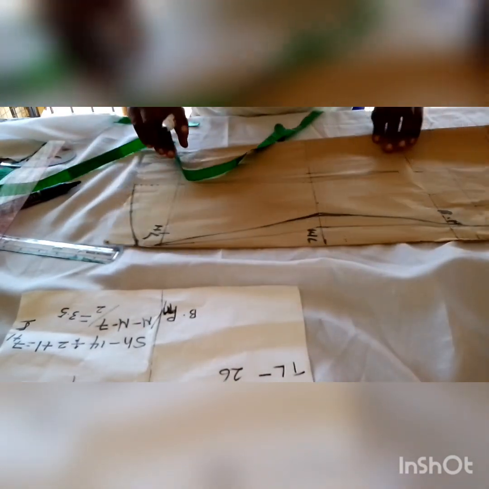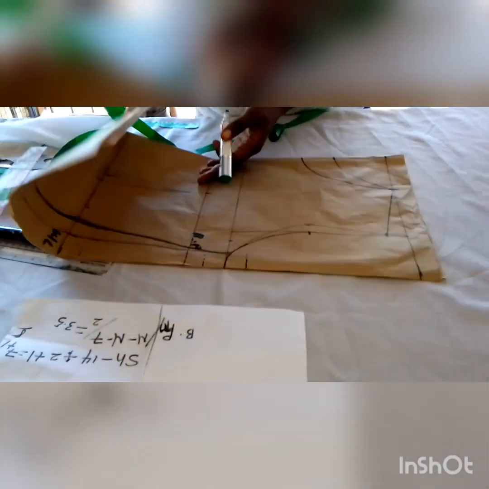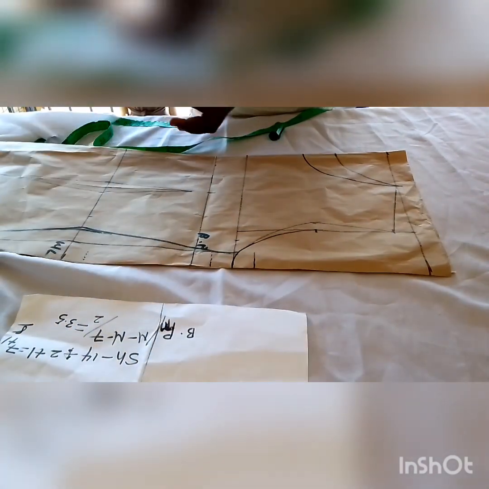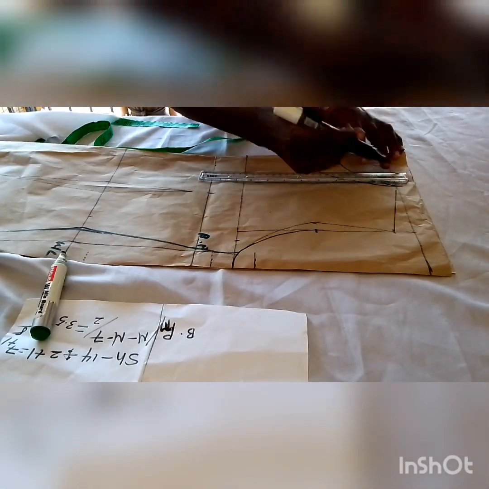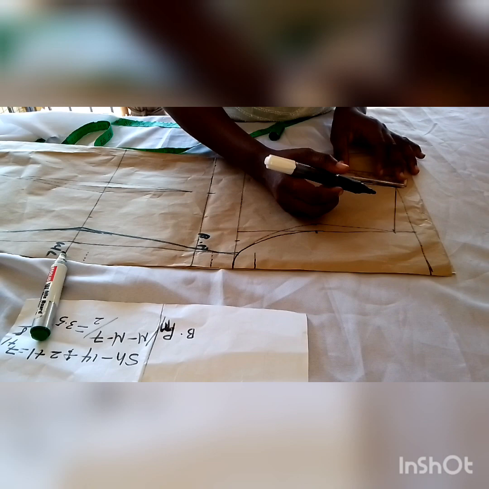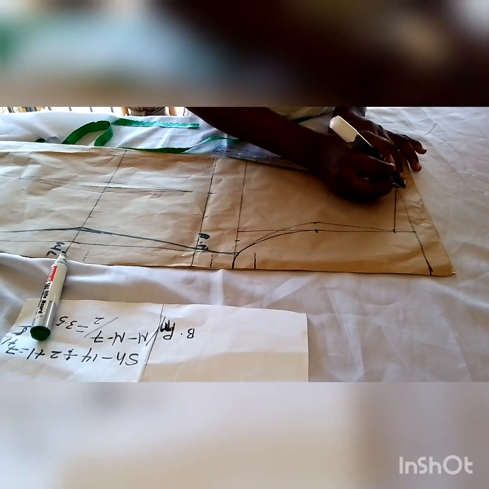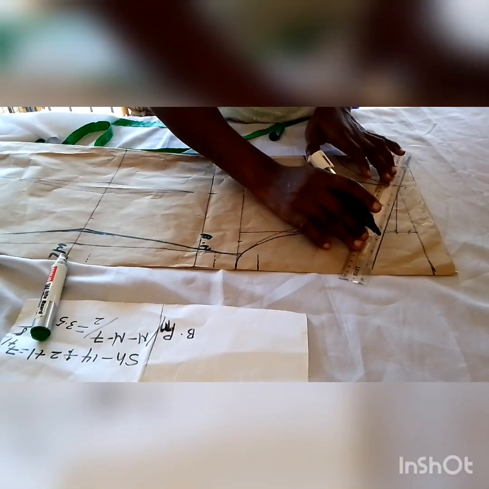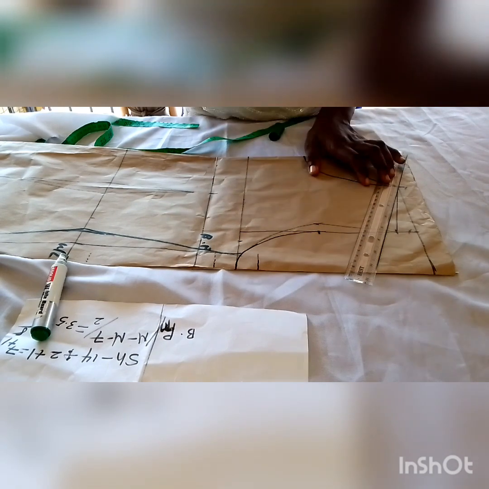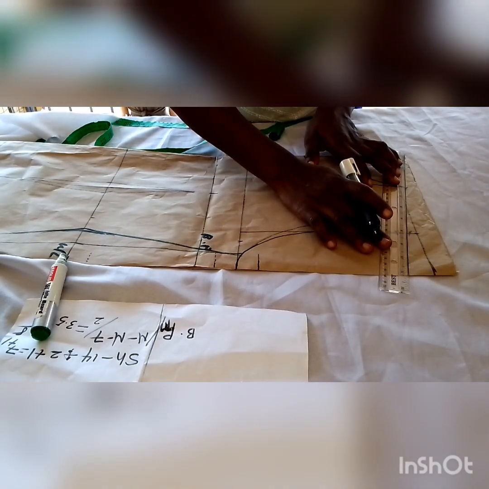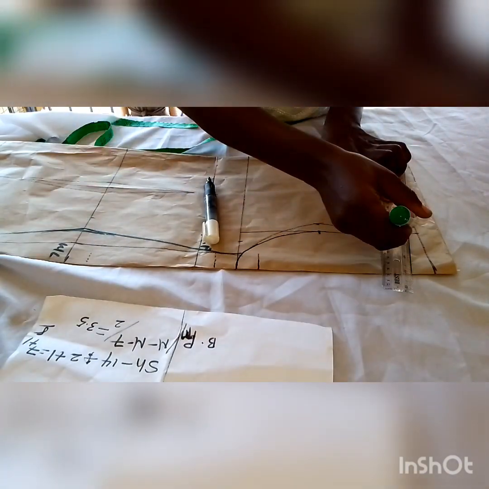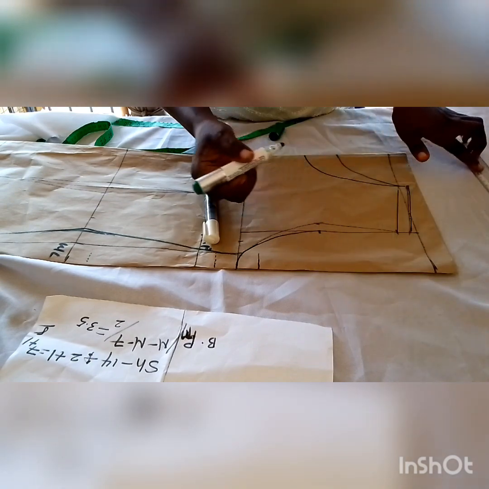So with this now you have your front pattern, the front basic pattern. I'm adding ½ inch allowance on the shoulder slope, and my ½ inch allowance right there for sewing.